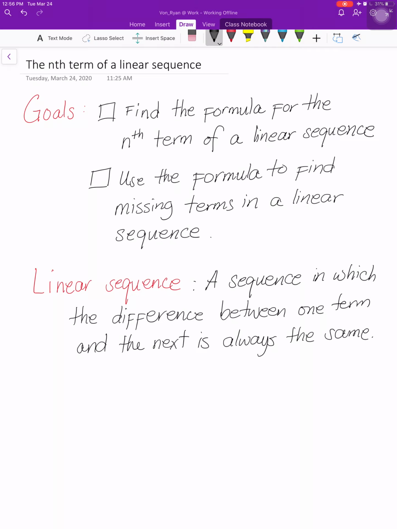So it's a linear sequence if the difference between the consecutive terms is the same.